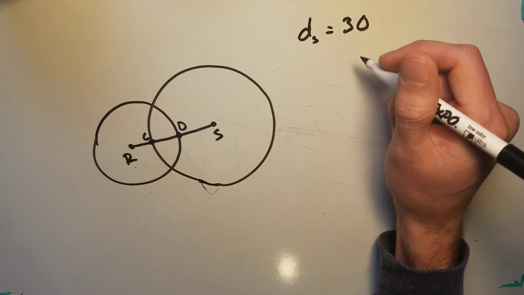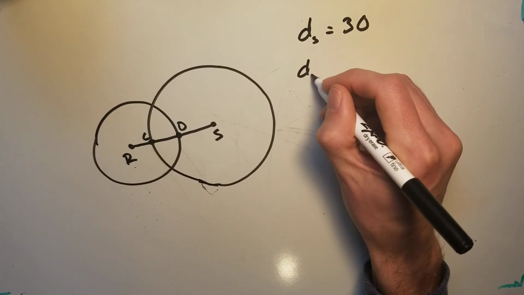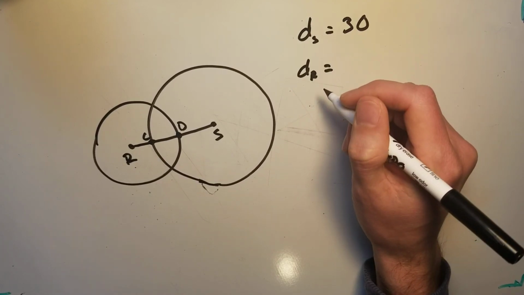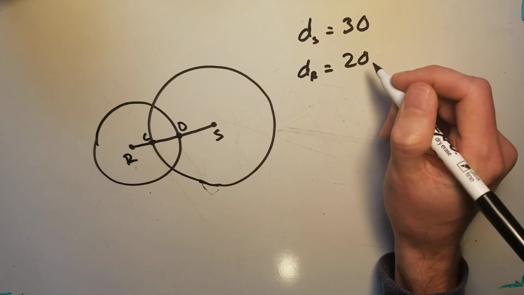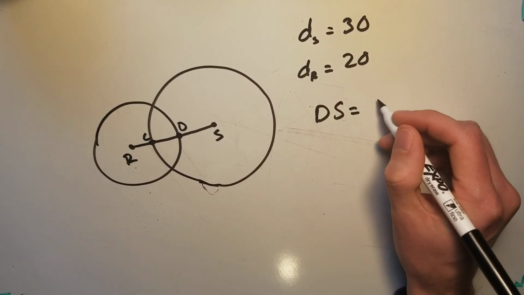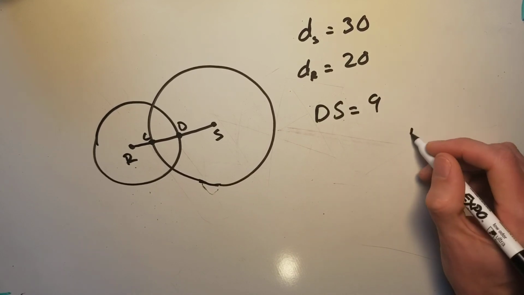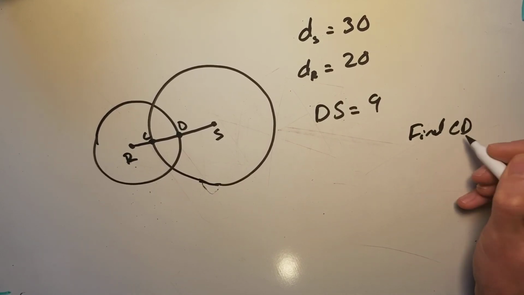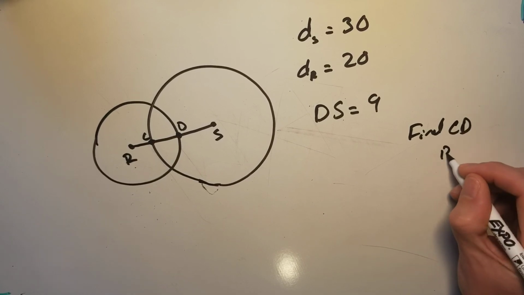And we are given the diameter of circle R, D sub R is 20. And we know segment DS is 9 units. Our goal is to find CD, and we can also find RC while we're at it.